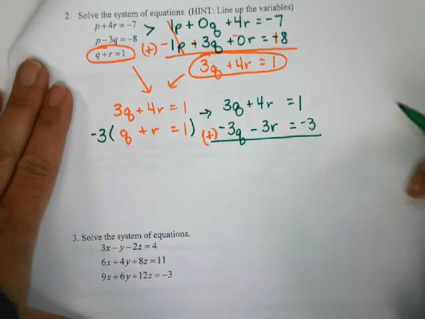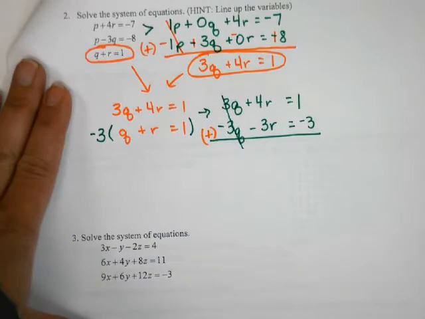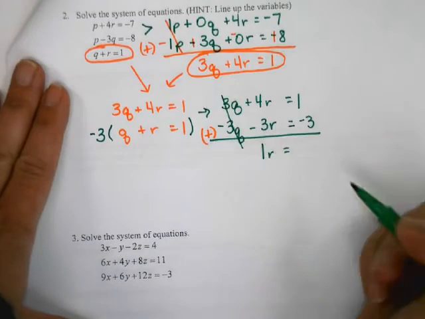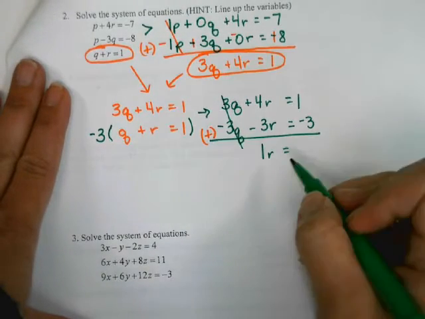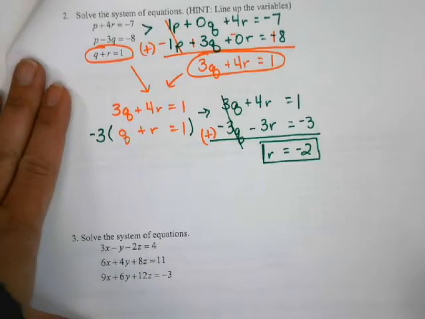So I have a positive 3Q and a negative 3Q. Those guys are going to cancel. A positive 4R plus a negative 3R gives me a 1R. And 1 plus a negative 3 gives me a negative 2. We've got 1 done.